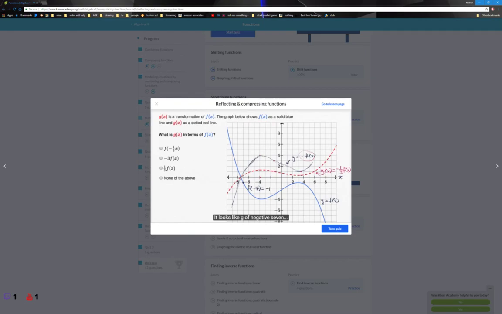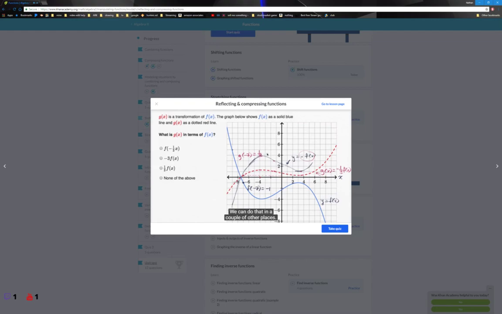It looks like g of negative 7 is equal to positive 1/3, if I am just eyeballing it. So that seems consistent with this, because if f of negative 7 is negative 1, you take the negative 1/3 times that, and you get positive 1/3.